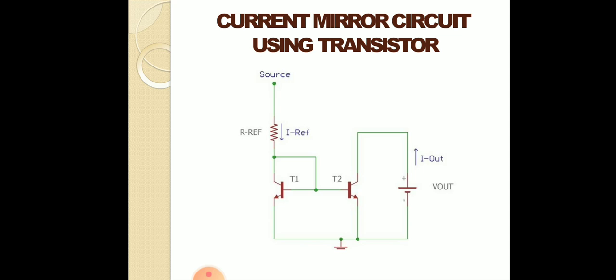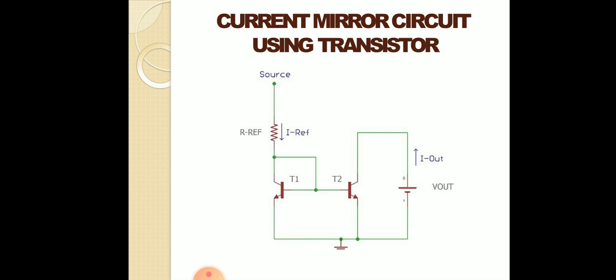Now, current mirror circuit using transistor. This diode can be easily changed using a transistor which is the same as the other counterpart. In this circuit, two transistors are shown which are used to create the current mirroring circuit.